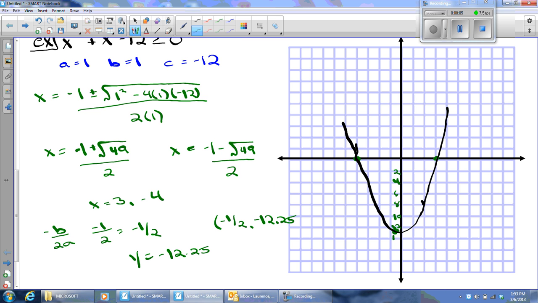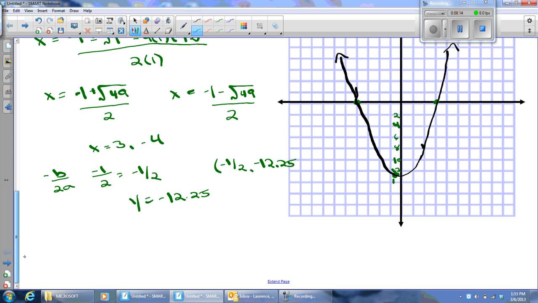Getting better at these. Okay, put our arrows because it goes on forever. Okay, now we're going to test points to see where we need to shade. So let's test negative 5.